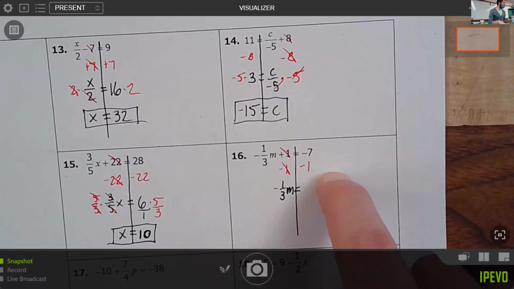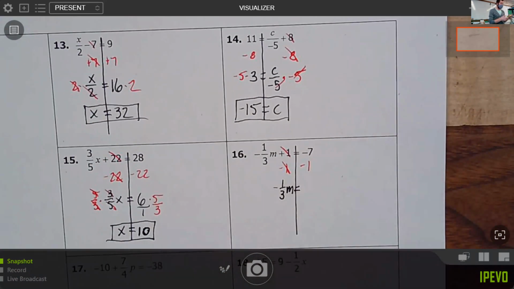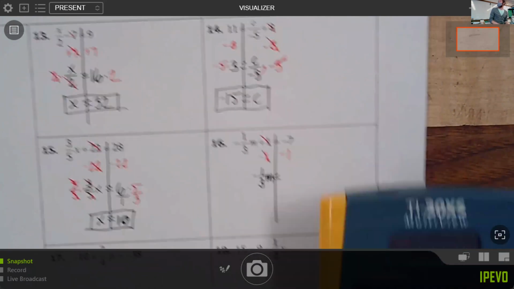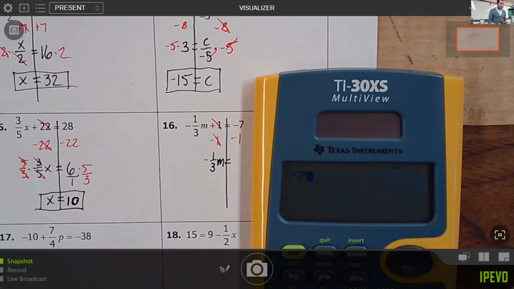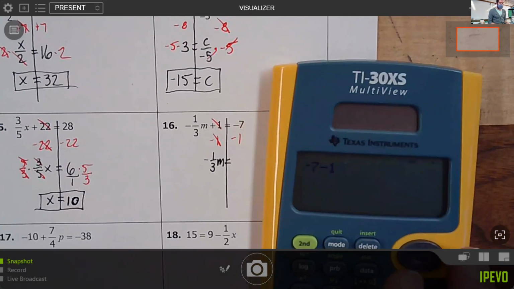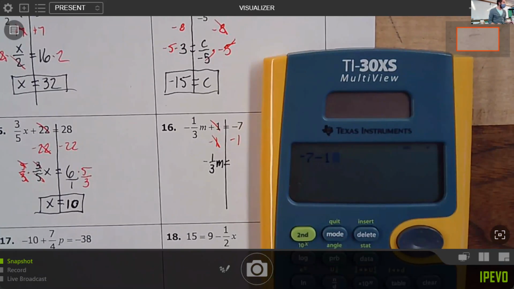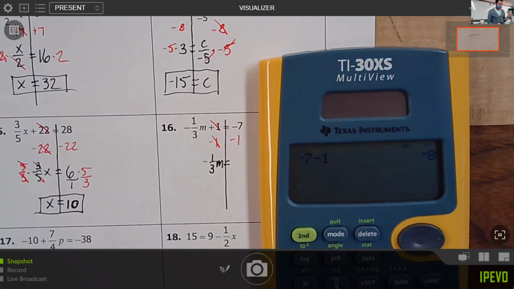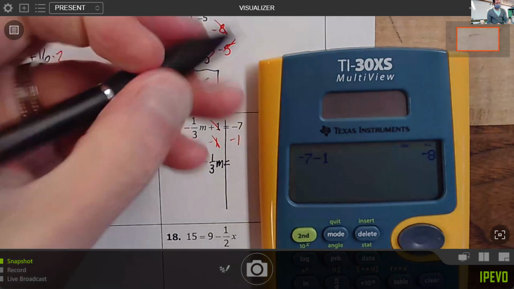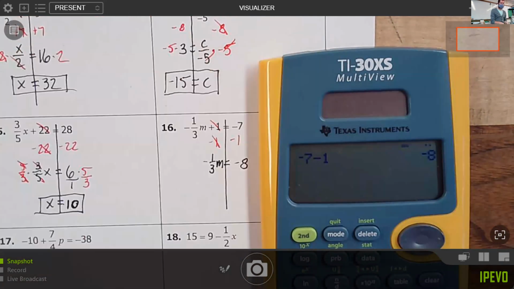Negative 7 minus 1. Again, if you need to use a calculator for your integer operations, please do that. Negative 7 minus 1. It's not negative 6. It's not positive 6. It's negative 8.